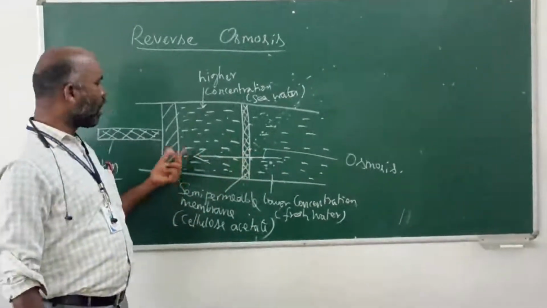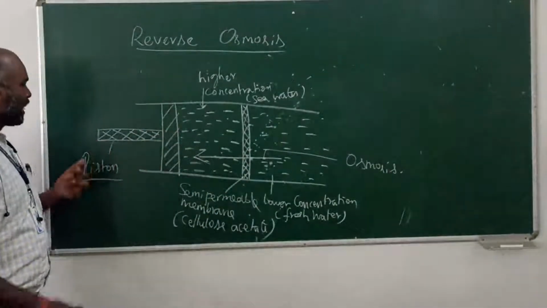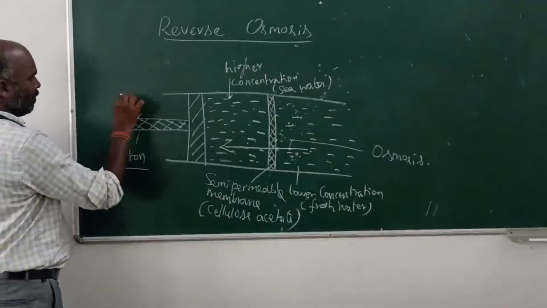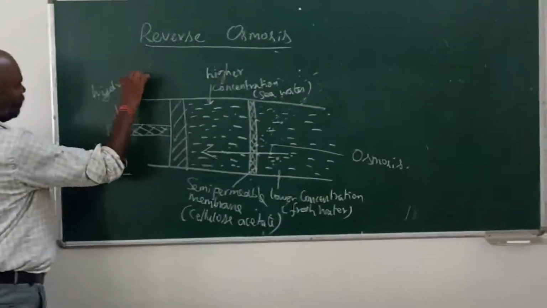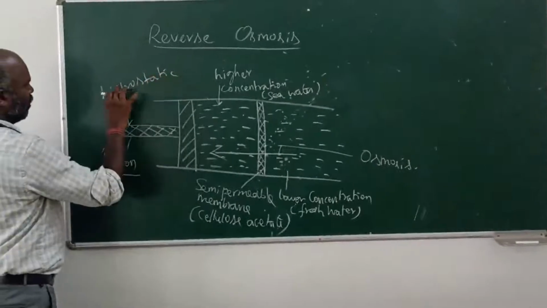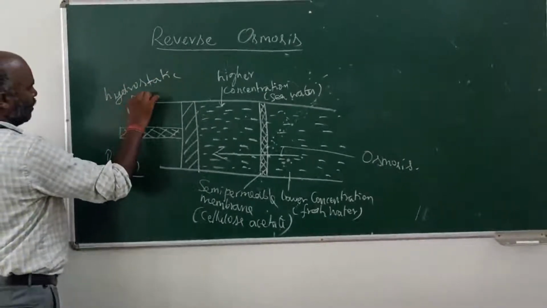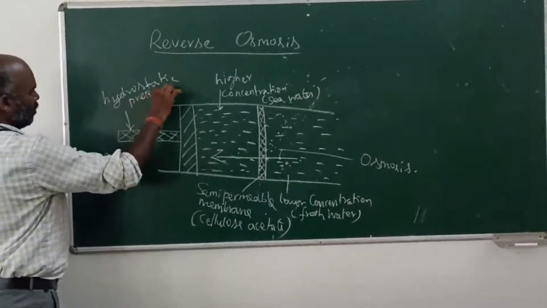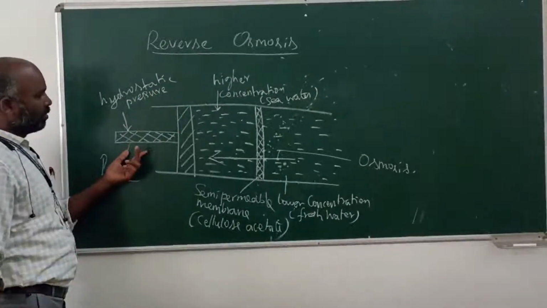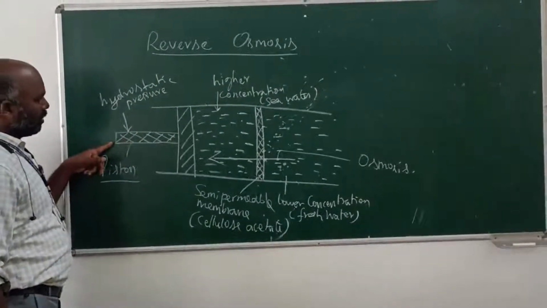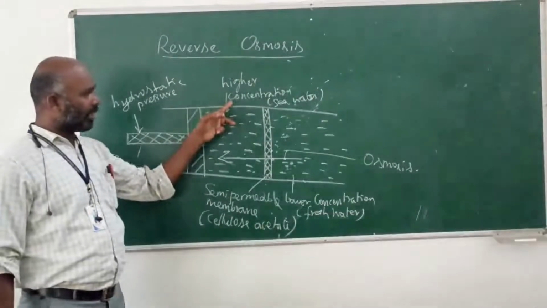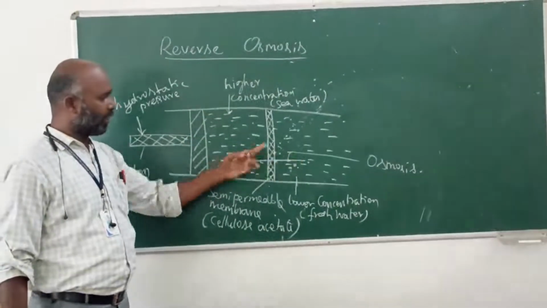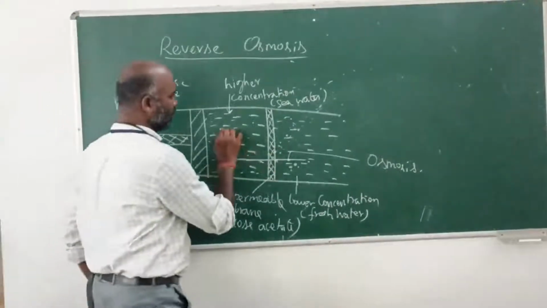Now we apply the hydrostatic pressure to the higher concentration side using the piston. Now the solvent flow is reversed. That means higher concentration side to lower concentration side. It is called reverse osmosis.